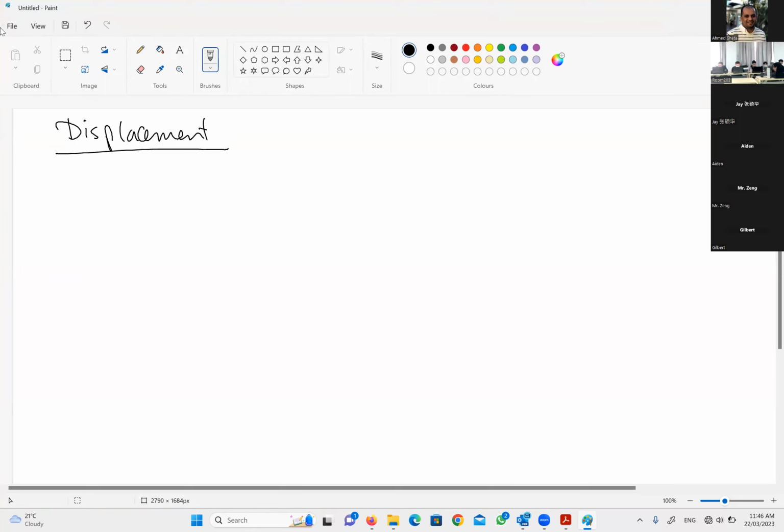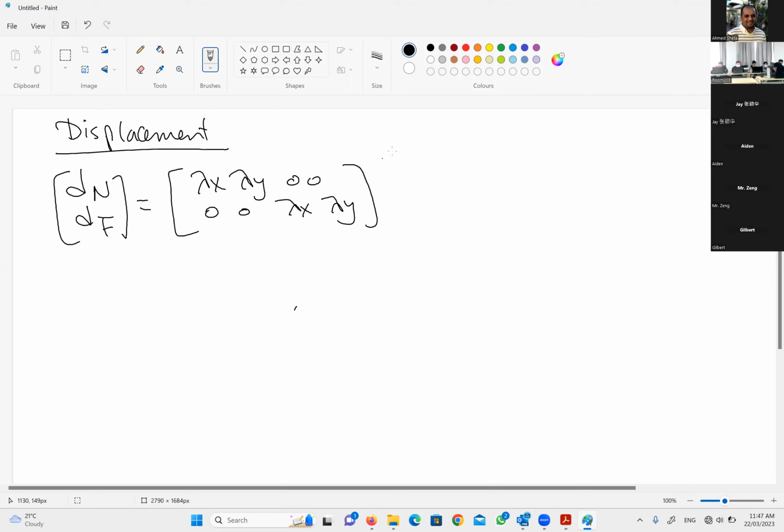From equation 4, if you go back to the slide, we have dn, df equal to lambda x, lambda y, 0, 0, 0, 0, lambda x, lambda y, times dxn, dyn, dxf, dyf.